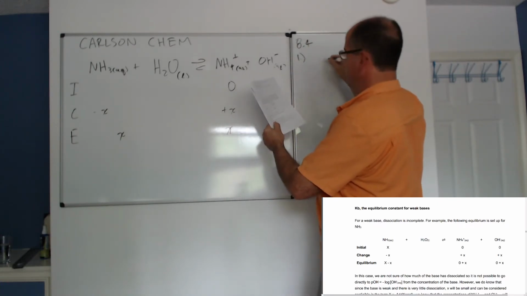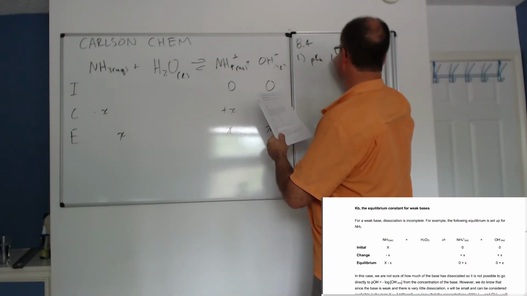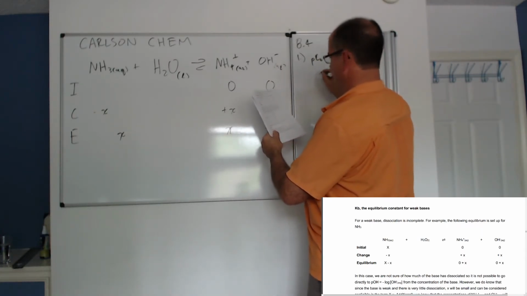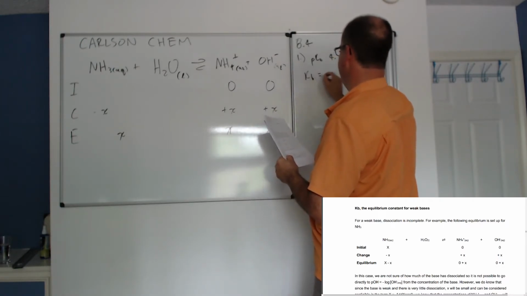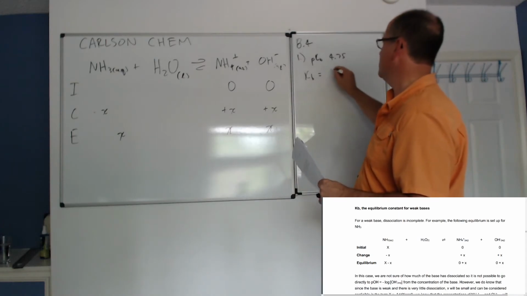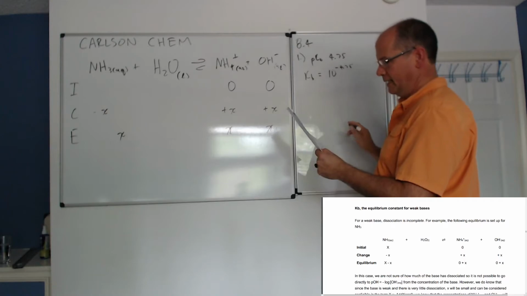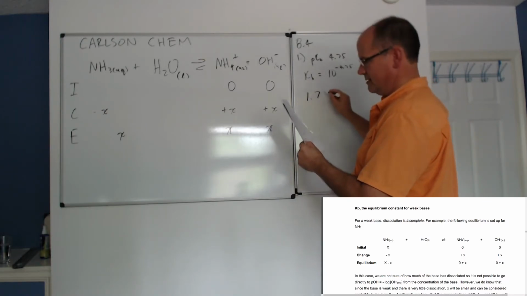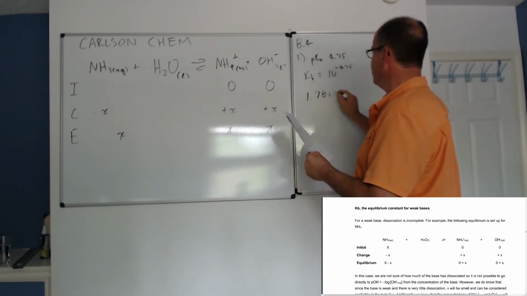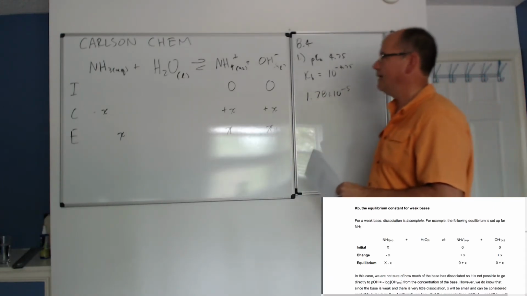If ammonia has a pKb of 4.75, what is its Kb? Again, I'm going to take the inverse log. So 10 to the negative 4.75, plug that in, you get 1.78 times 10 to the minus 5, the same exact thing as Ka.